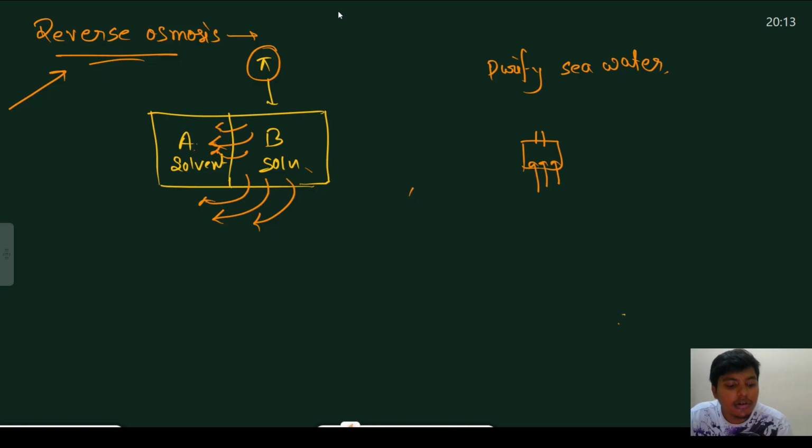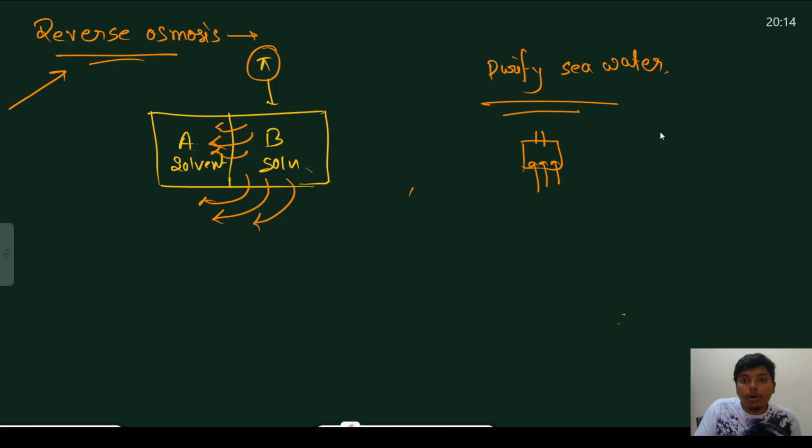Reverse osmosis means when a pressure higher than osmotic pressure is applied to the solution side, then the solvent of the solution will come to the pure solvent side. That is known as reverse osmosis. The example I told you is purifying seawater.